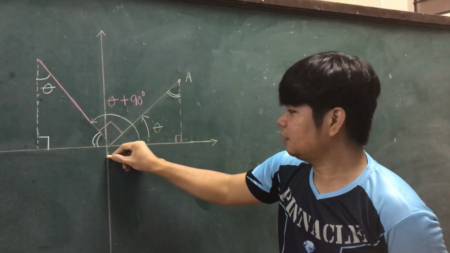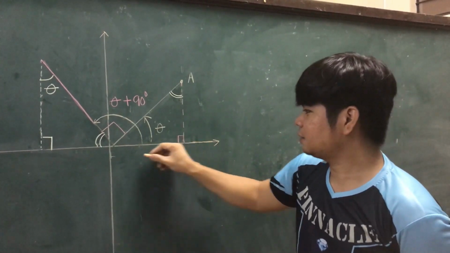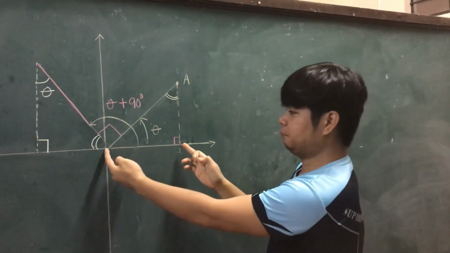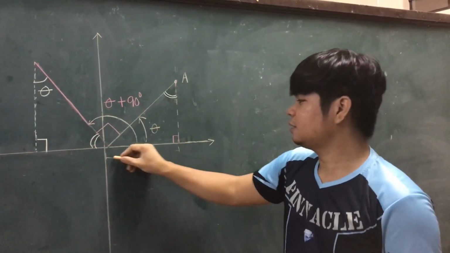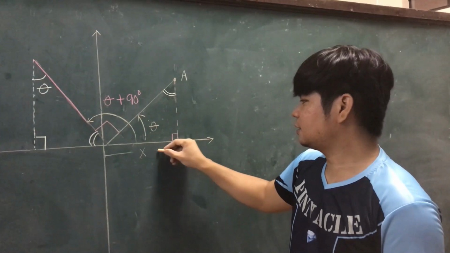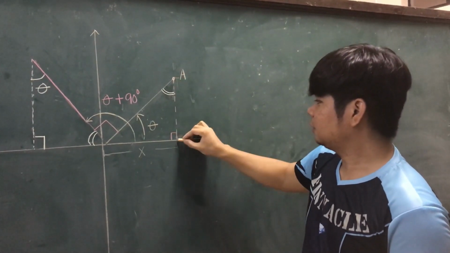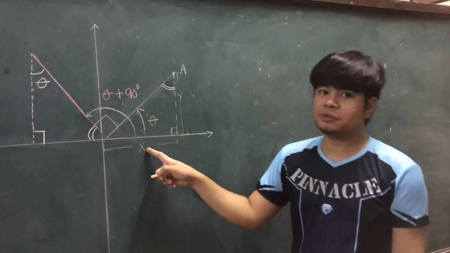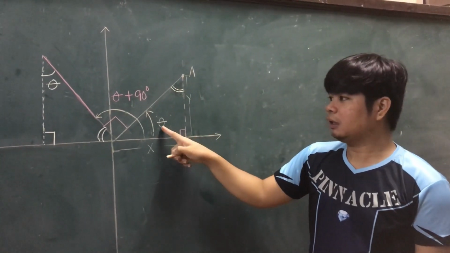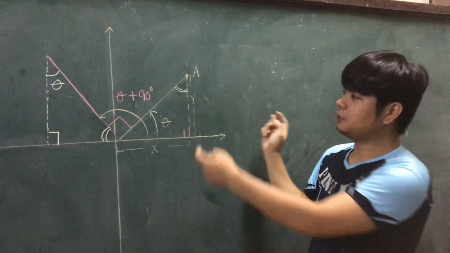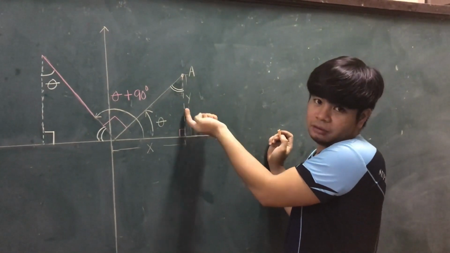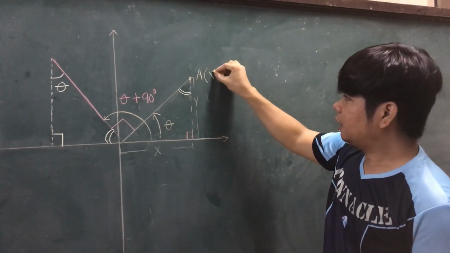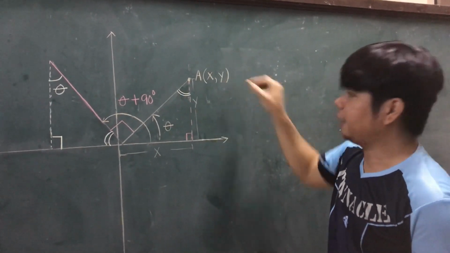The horizontal length of this point to the other, let's say that is x. This also represents y. X is the length opposite to this angle. The other is theta. Its opposite side has a length y. So the coordinates of point A are x and y.